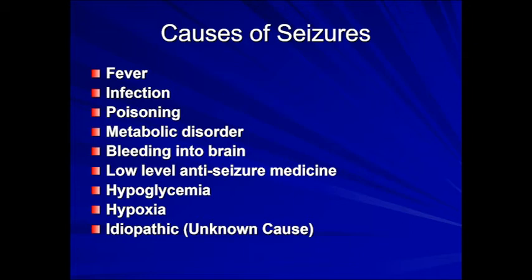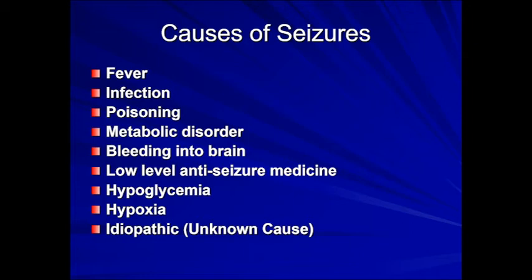What do they get into? Metabolic disorders, bleeding in the brain. Bleeding in the brain could be either spontaneous or traumatic. But again, that may lead to some sort of a neuro disorder, a hypoxic event, pressure, you name it.